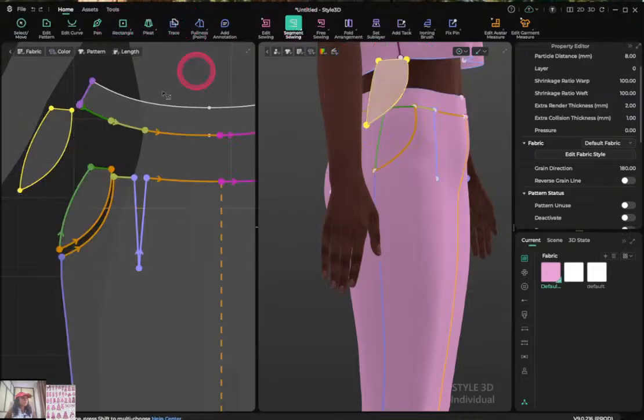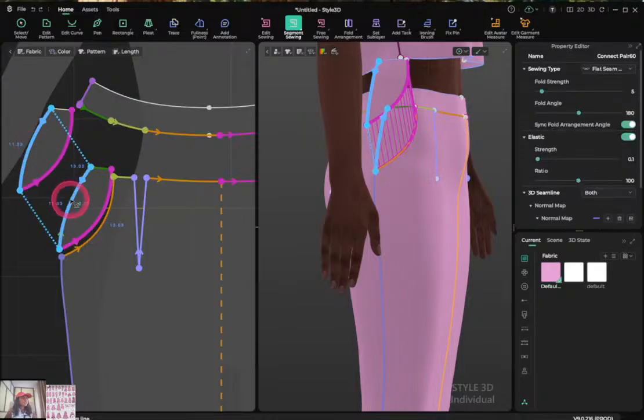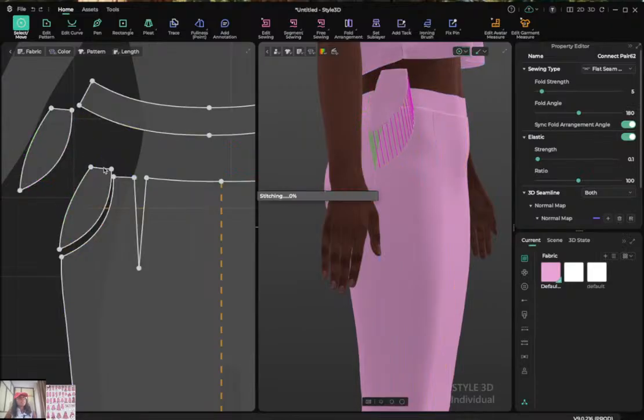Let's do the sewing. This side to this side, this side to this side, here to here, and simulate. And okay, there it is.